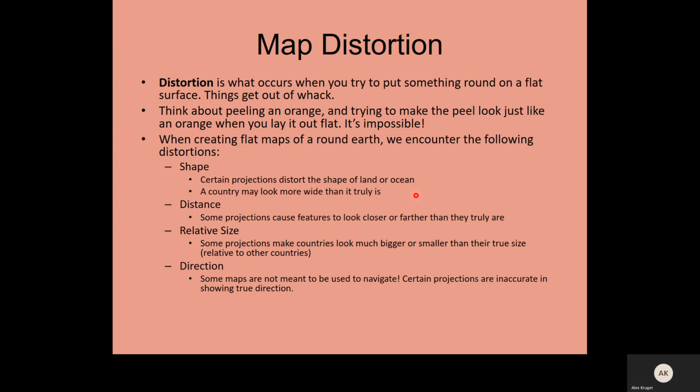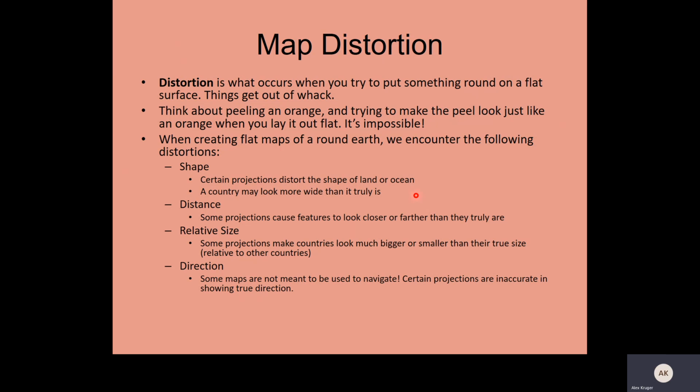So when creating flat maps of a round Earth, we encounter the following distortions. This is on your worksheet. Shape. The shape of certain countries or oceans sometimes can look different. The country may look more wide or long than it truly is. Distance. Some projections cause features to look closer or farther than they truly are.